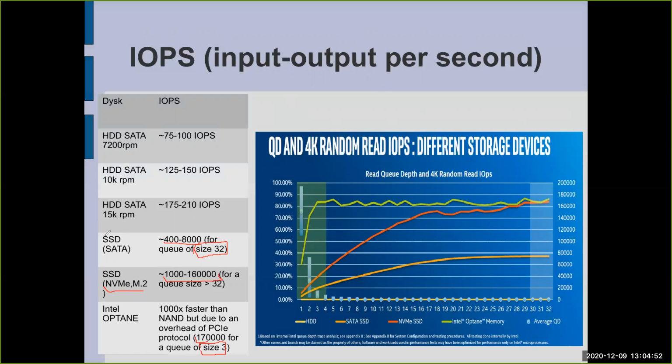We can have several channels which are used to read and write data. For a hard drive we have a single head or single arm, so we can process only a single request at a particular time. Here we can do it in parallel.